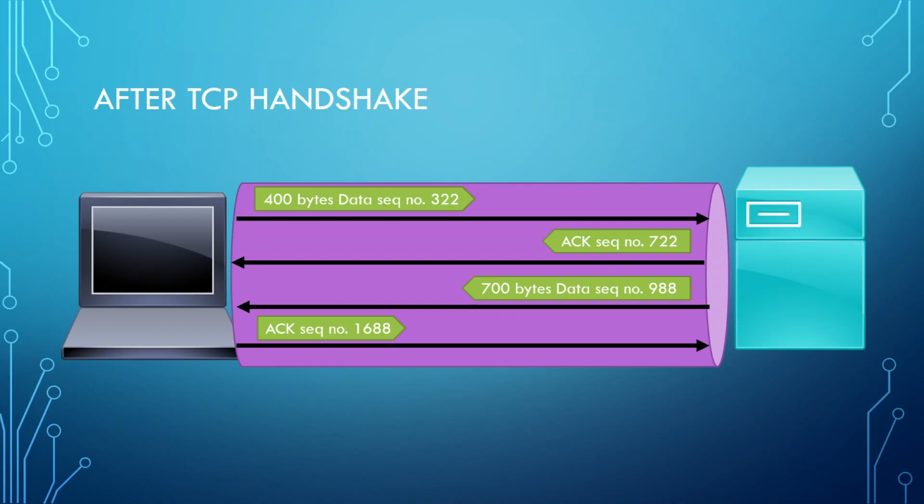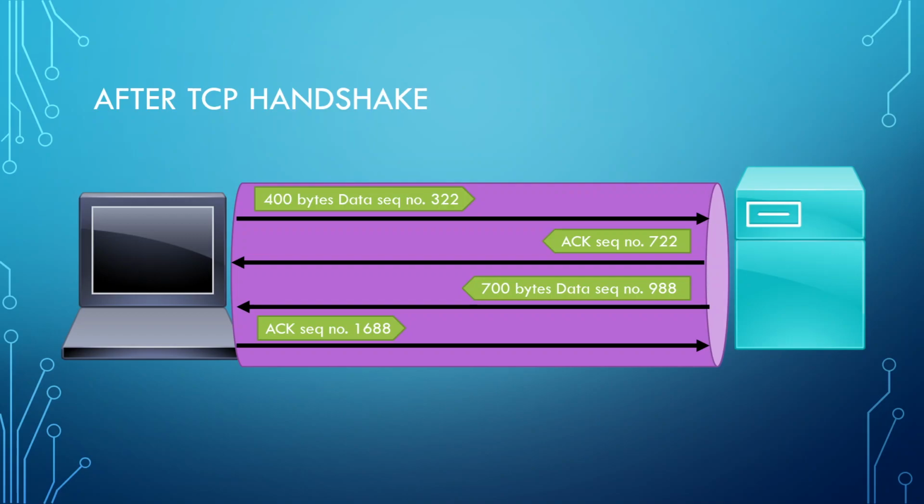Now with TCP, each host has to acknowledge receipt of the data which has been transferred. So now that the client has sent a packet, the server has to acknowledge receipt of that packet before it can then transmit its own data. So in this case, it sends back an acknowledgement with an acknowledgement number of 722.